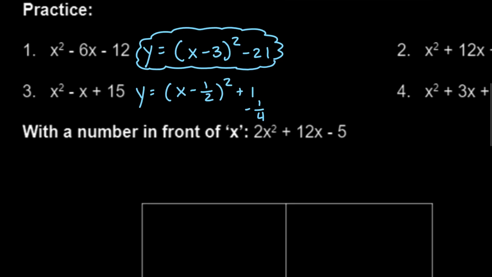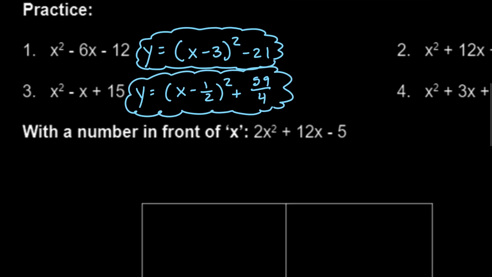So I have to get that 15 to have a common denominator with 4. 15 is the same thing as multiplying 4 times 15, which is 60, 60 fourths. So 60 fourths minus 1/4 is 59 fourths. Done. Does that make sense? All right.